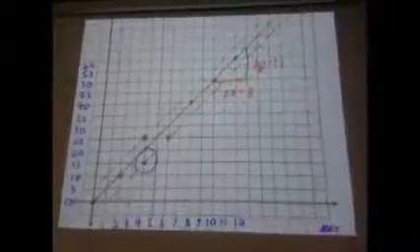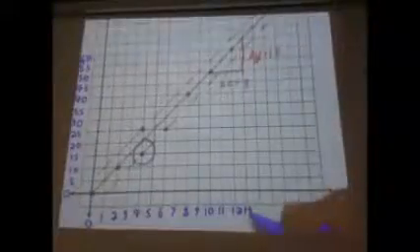And then part E asks you to create a range of values for the possible height of a human with a forearm length of 20 centimeters using your graph. So we need to estimate for 20 centimeters. So that means that we need to go over 20 centimeters.